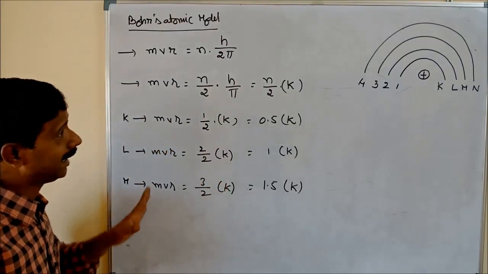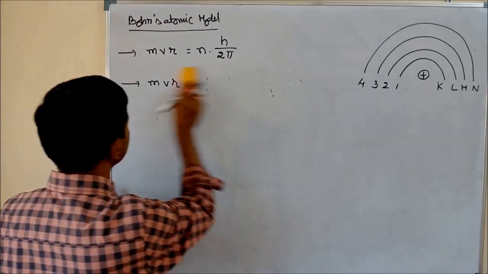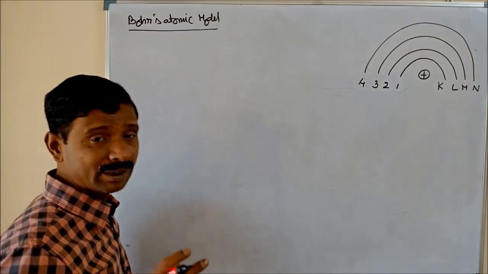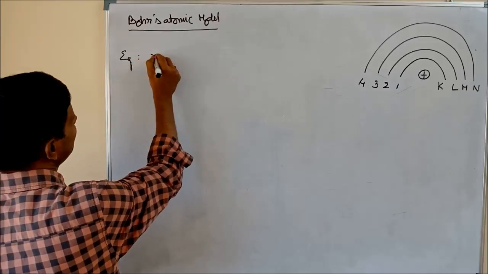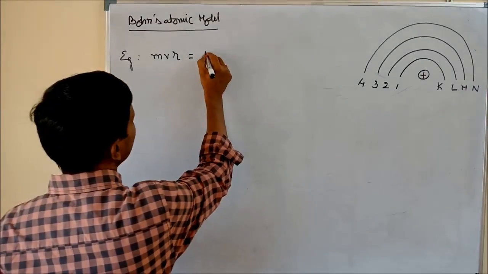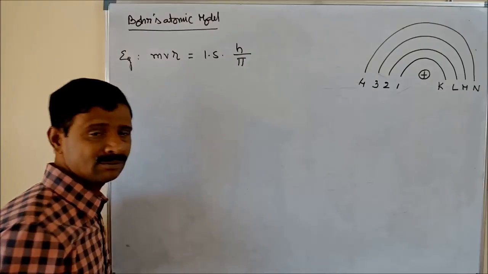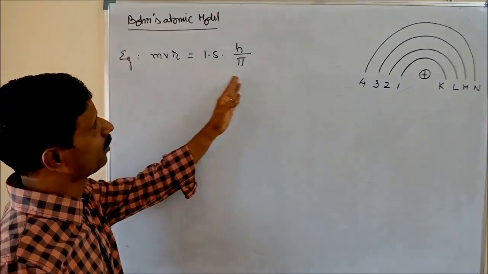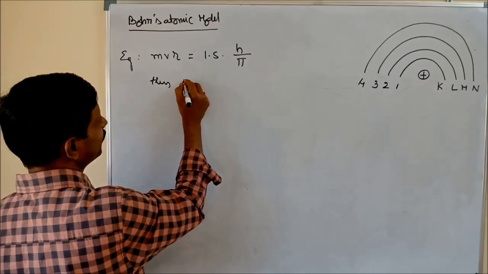That is one point. And next, suppose there is one question. In a hydrogen atom, the angular momentum of an electron, mvr, is equal to, for example, 1.5 into h by pi. If the angular momentum of the electron mvr equals 1.5 into h by pi, then what is the n value?